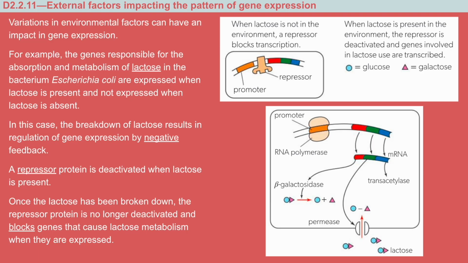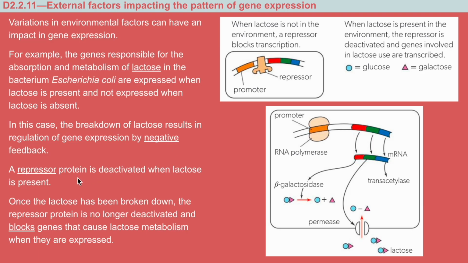For example, the genes responsible for the absorption and metabolism of lactose in the bacterium E. coli are expressed when lactose is present and not expressed when lactose is absent. We don't want to make lactase that breaks down lactose if there's no lactose sugar present to break down. That would be wasteful. The breakdown of lactose results in regulation of gene expression by negative feedback.